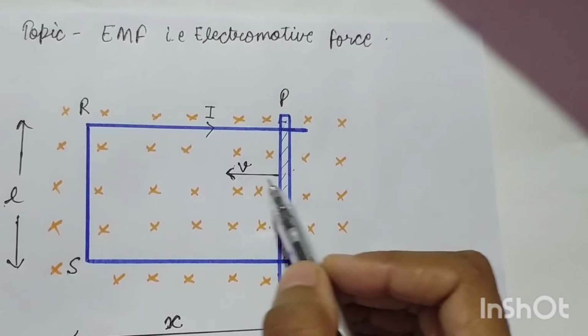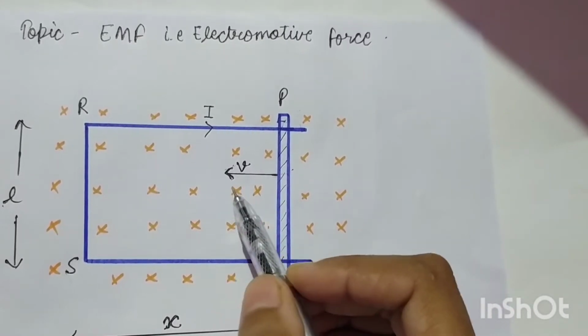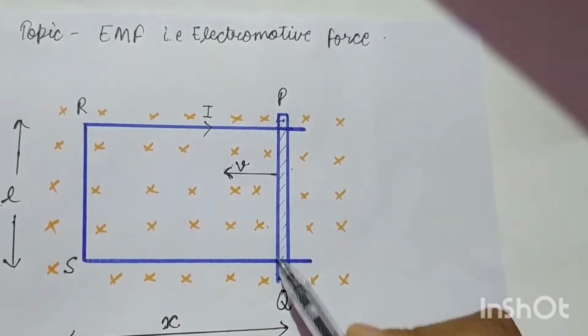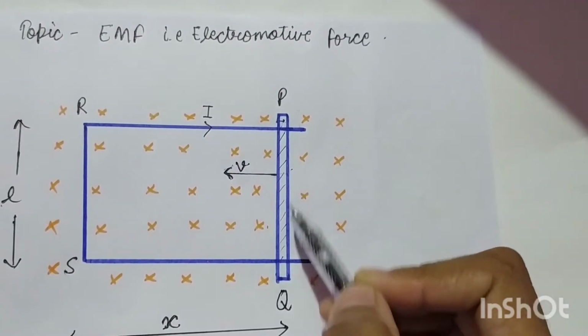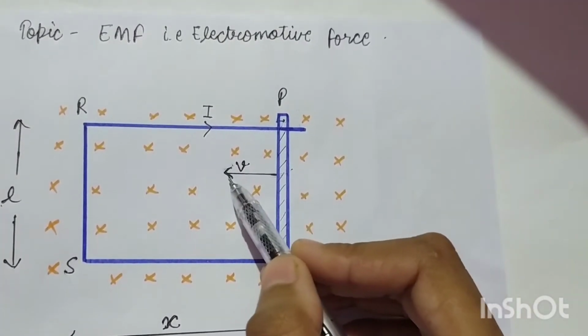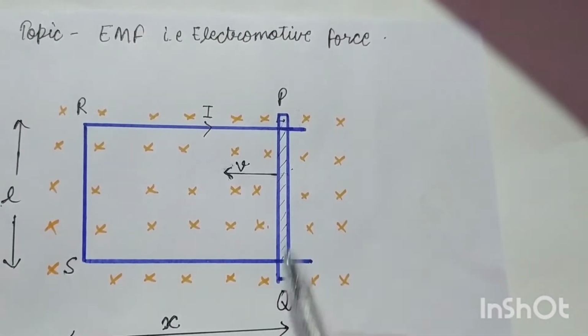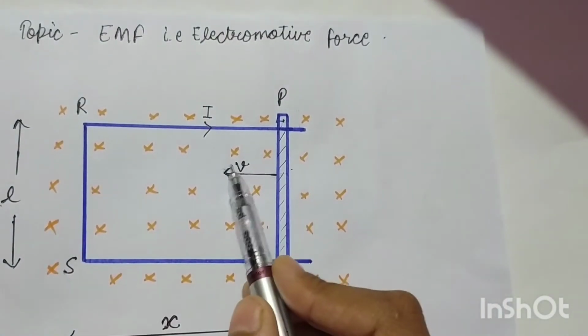As it is moving inwards, the area of this rectangle, that is PQRS, is decreasing.